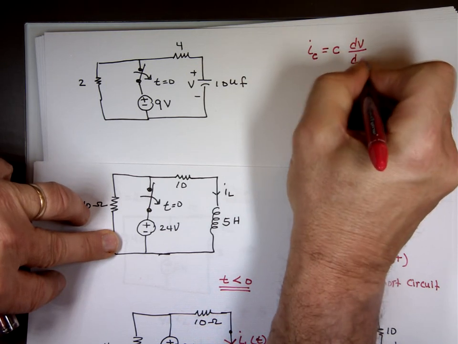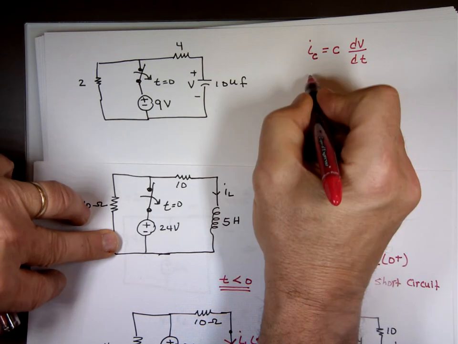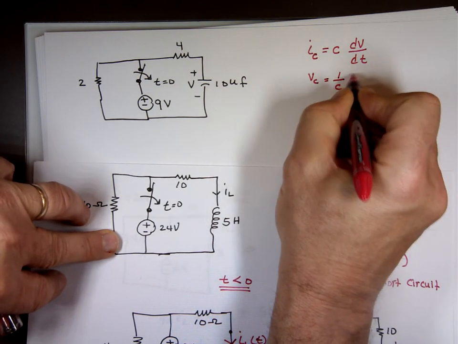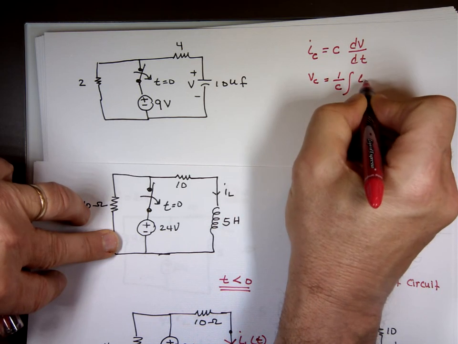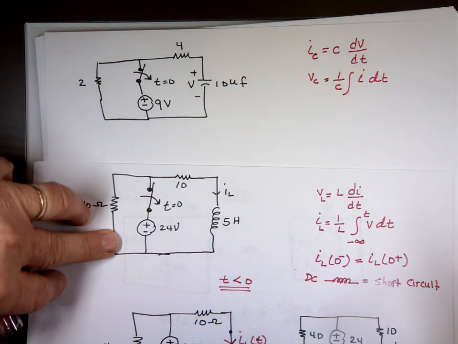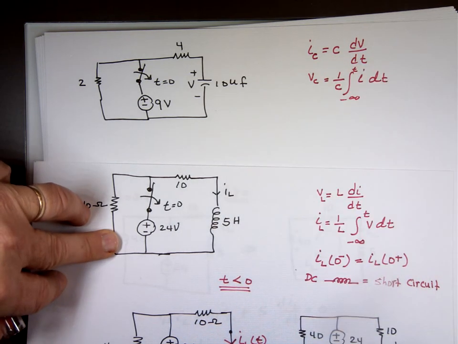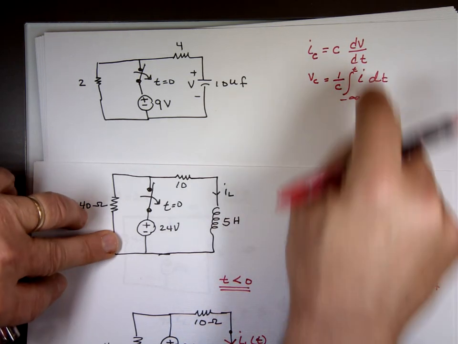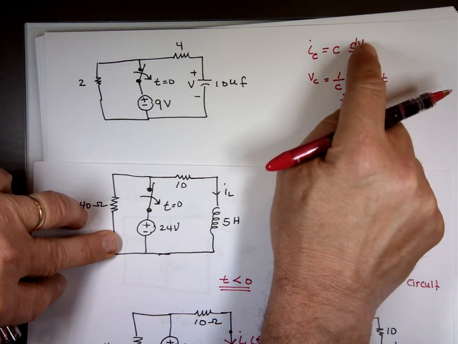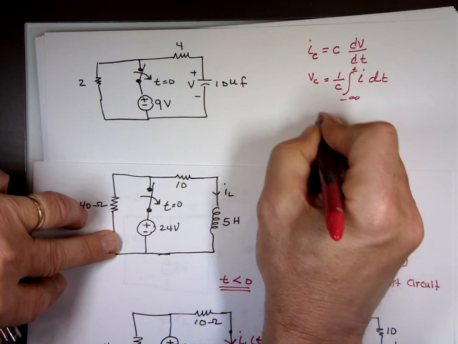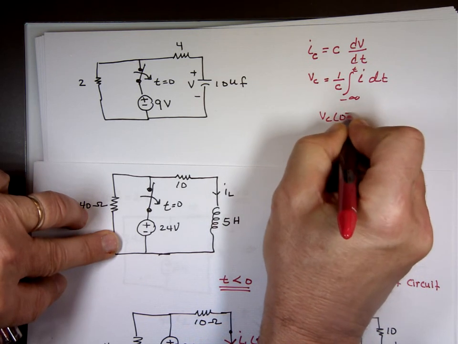Which means the voltage across the capacitor is equal to what? 1 over C, the integral of i dt. What else we know? For a capacitor, the voltage cannot change in zero time. So vC(0 minus) has to be what? vC(0 plus).